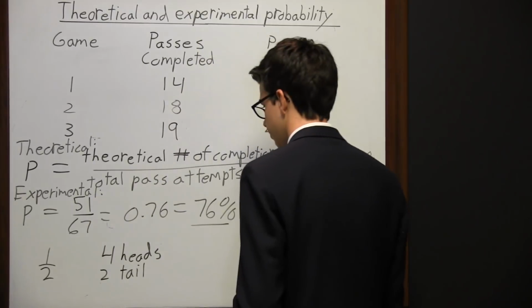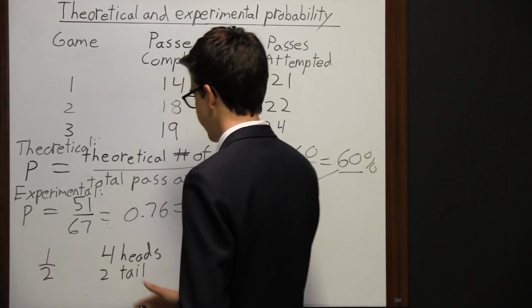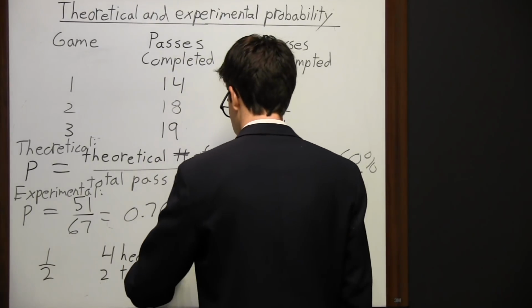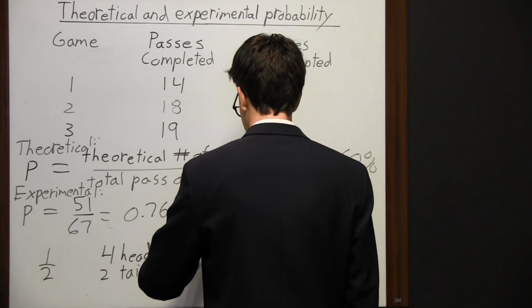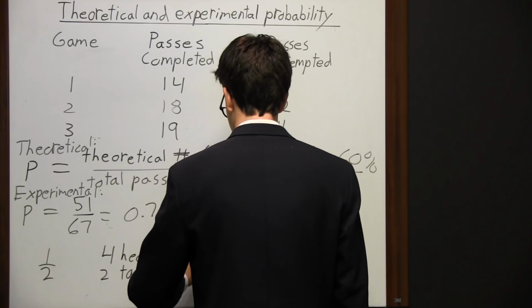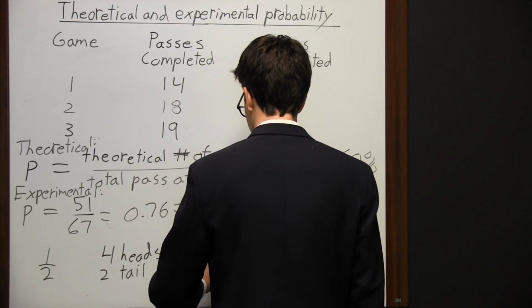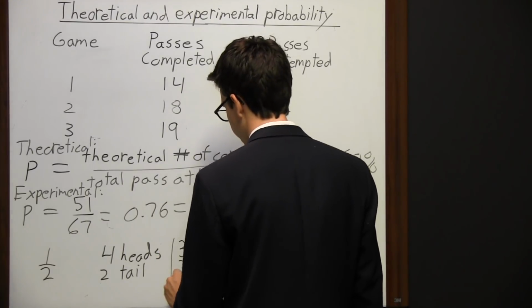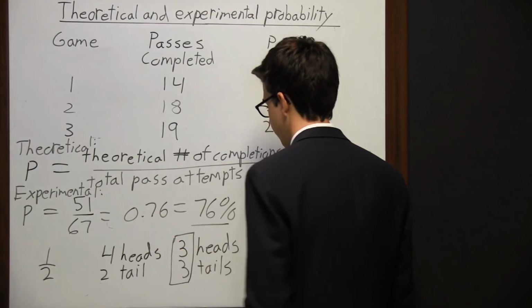And so really, these should be even. For there to be a 50% chance of landing on heads, you should have landed on heads 3 times, and the coin should have landed on tails 3 times. So this is the theoretical probability.